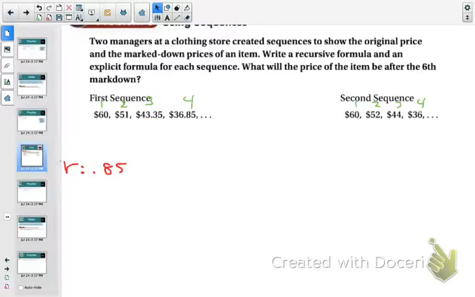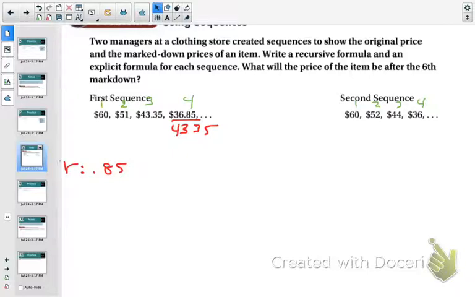And lastly, 36.85 divided by 43.35, and that is also 0.85. So this one does have a common ratio.